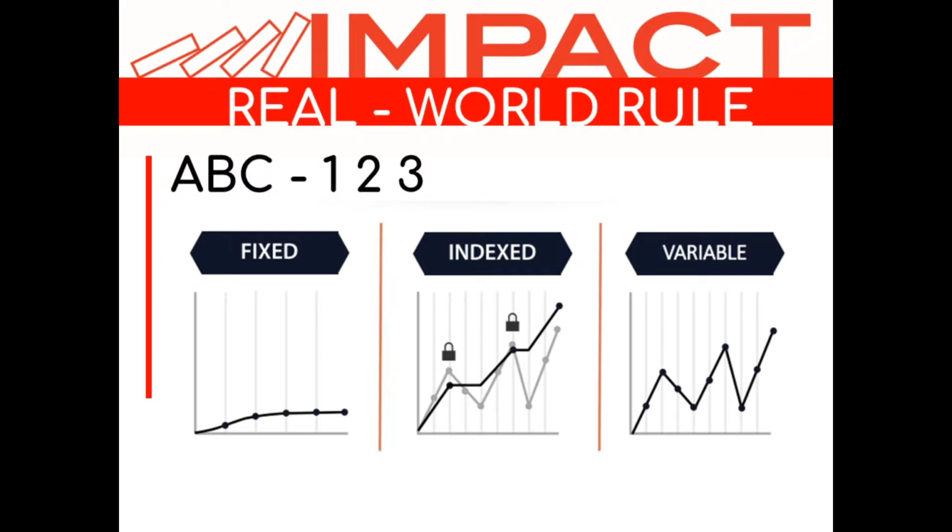And so as the picture shows, the gray line in the background is the variable account. If you actually grabbed that variable line and slid it over and made it gray, that's where that line comes from.